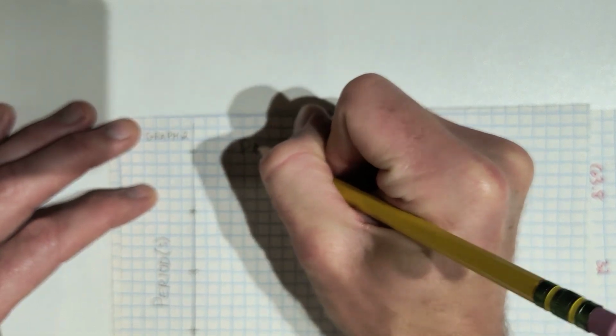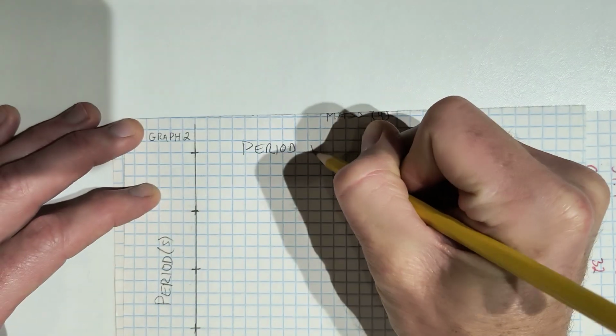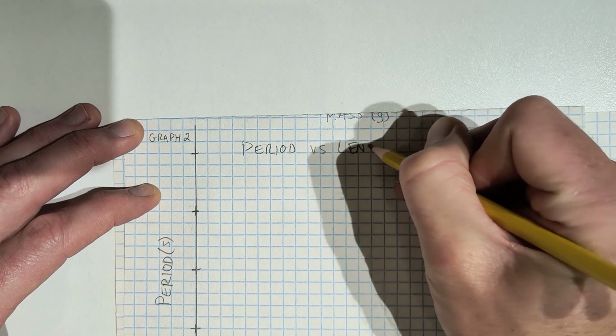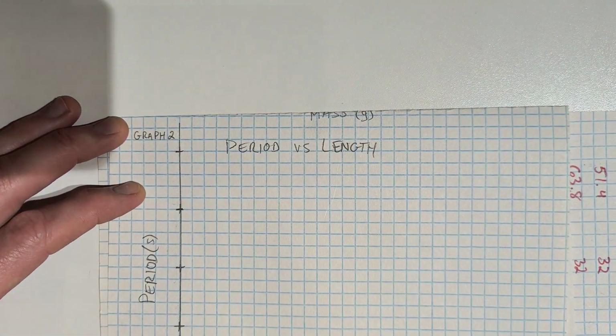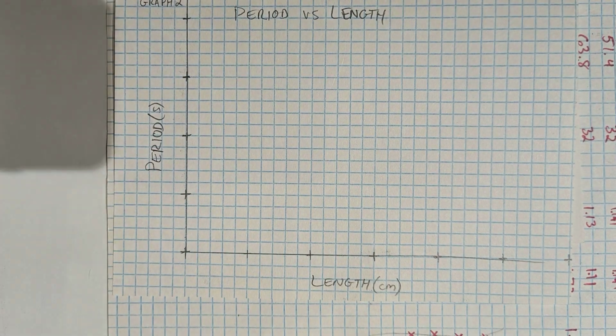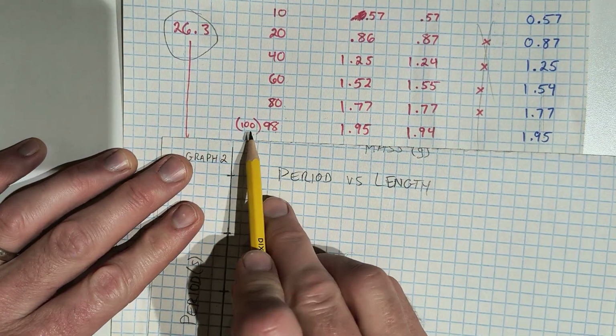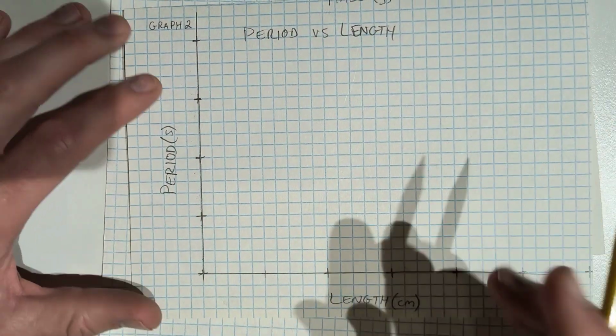Okay, and so again, if I were to label this, it's going to be period versus length for the title. Period versus length. Oh, I wish I could spell length. Right, just like that. Put the title up near the top. Okay, and let's take a look at my data. So my biggest number here is about 100, so I can pretty much use the same scale.